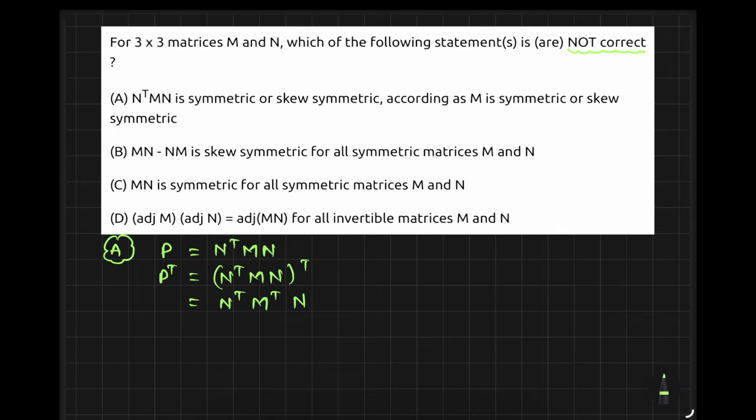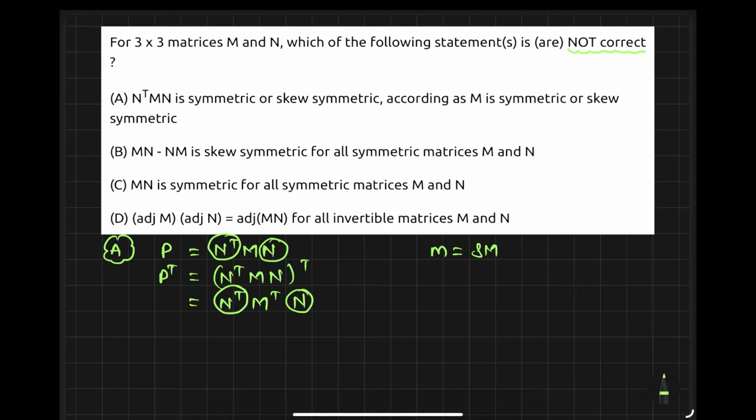Now look at this. This thing is same, this thing is same. Now suppose that M is a symmetric matrix, so can I write M transpose equals M? So it will become symmetric.